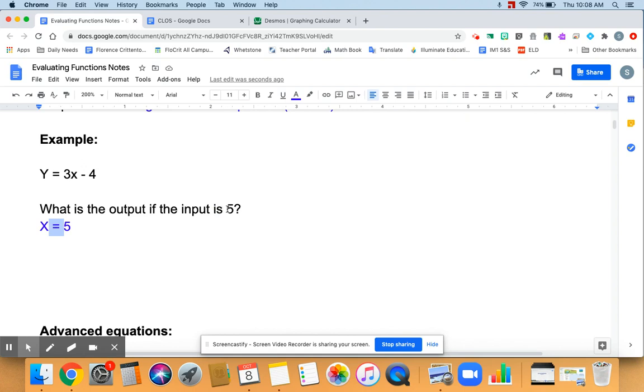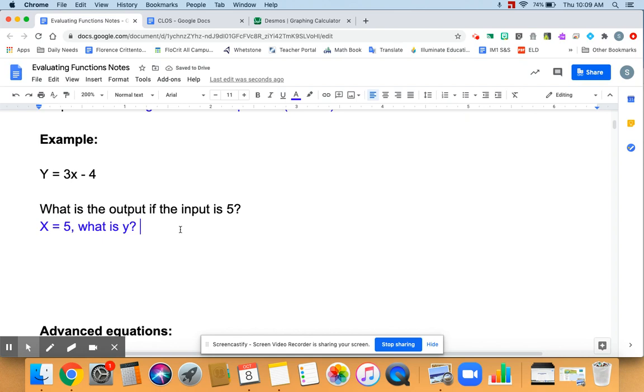So in a word problem, wherever you see the word is, you could always replace it with an equal sign. So X is 5. The question is what is the output? But output means what letter? So it actually is asking what is Y. If X is 5, what is Y?